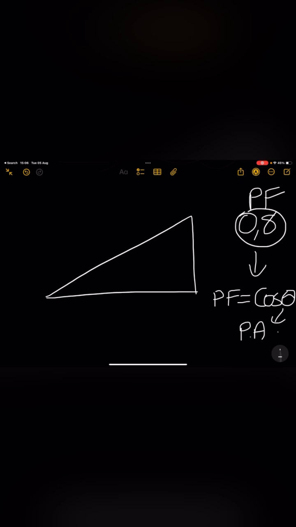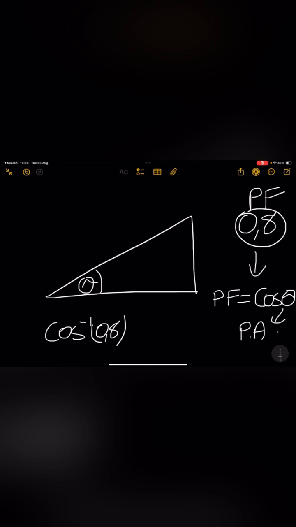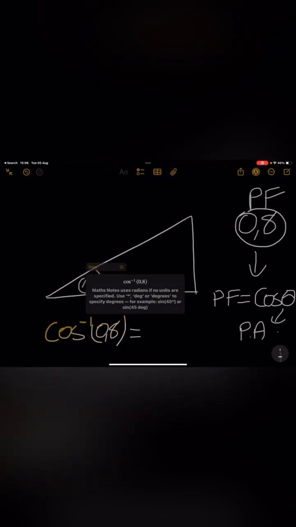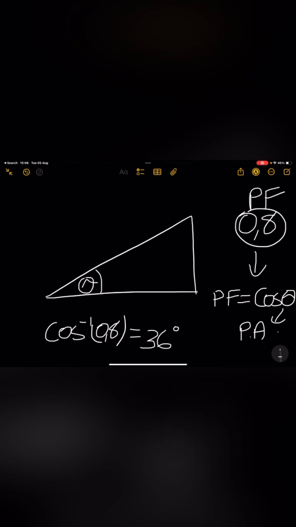To get the phase angle, we take the inverse cos of 0.8. This is basic mathematics, which gives approximately 36 degrees.